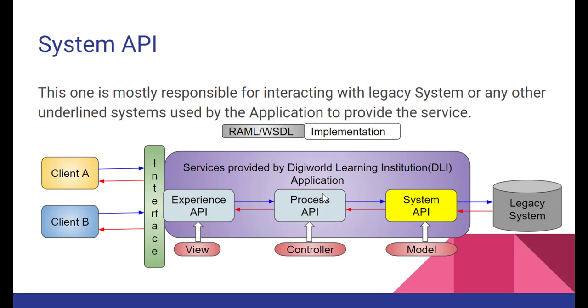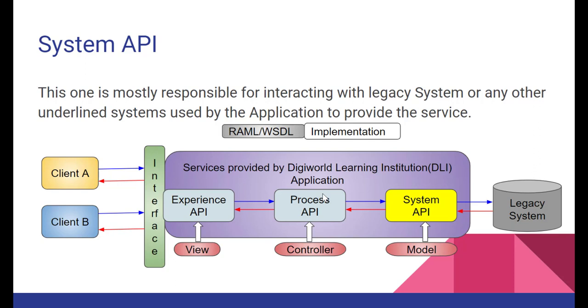So suppose currently there is a mainframe system as the legacy system, where the system API is connecting to fetch the data, and later on in future, that system is replaced by some new system, right?